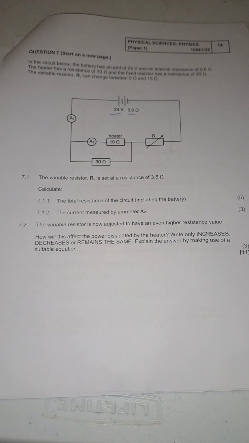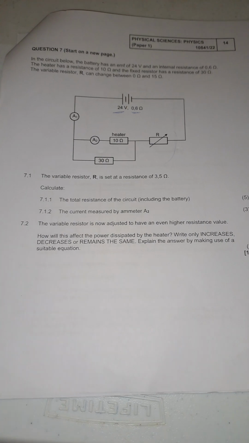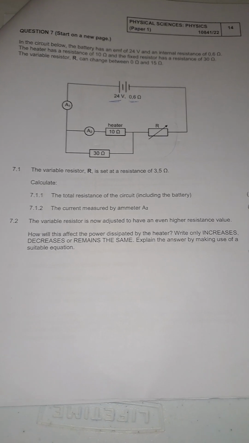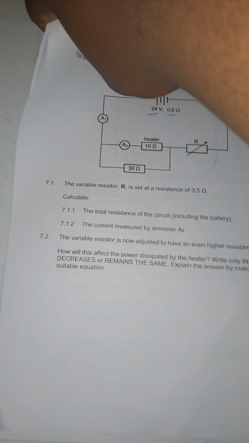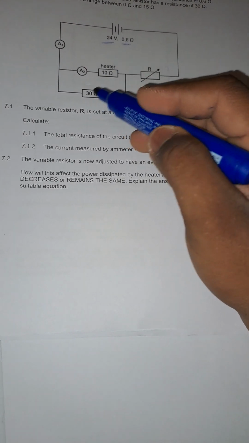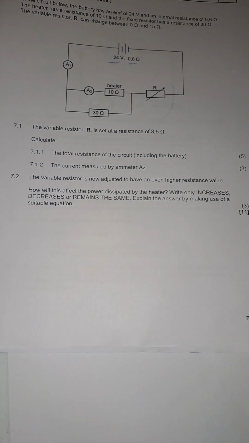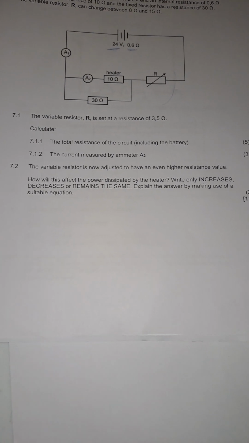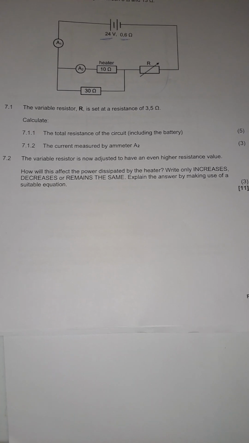The first question is saying calculate the total resistance of the circuit including the battery. So this question was just easy, just calculating the total resistance. The first thing that we're gonna start with is 7.1.1. As you can see here, these two are in parallel, so I need to calculate the value of the resistors in parallel and add the ones in series.